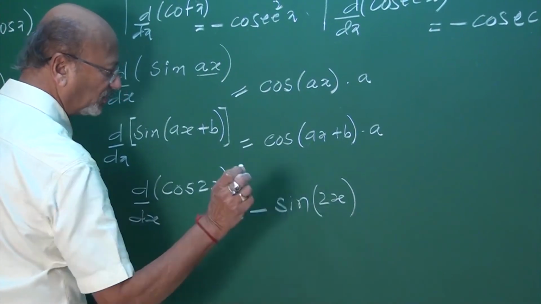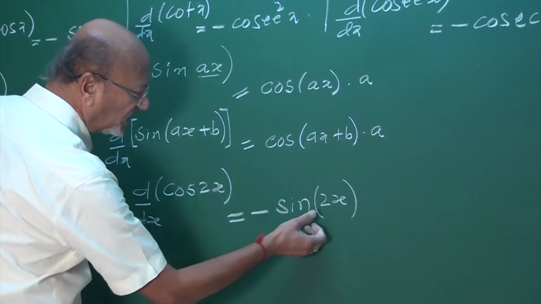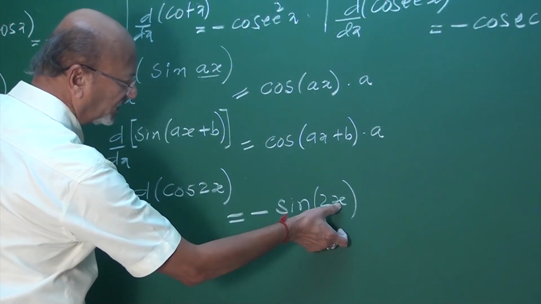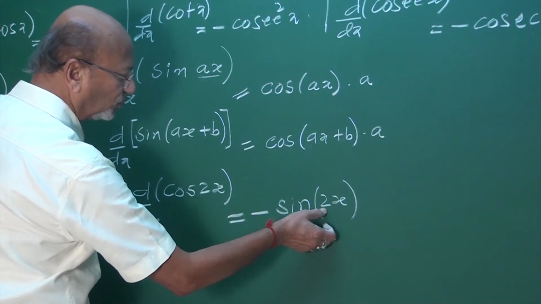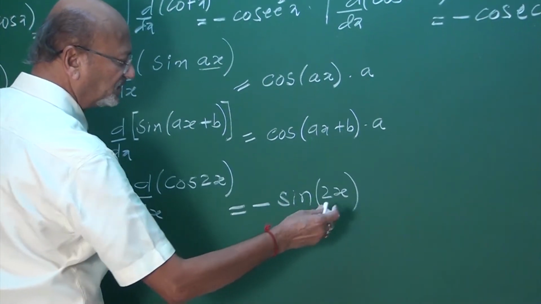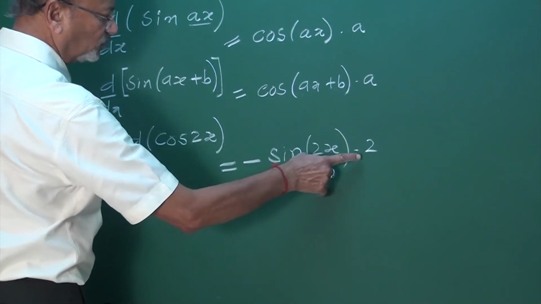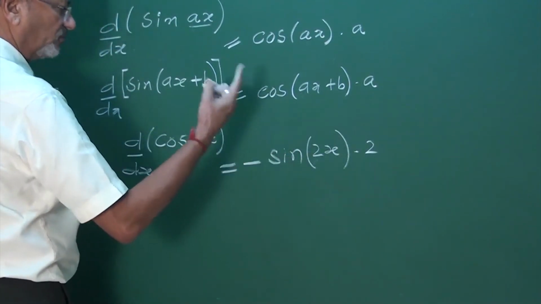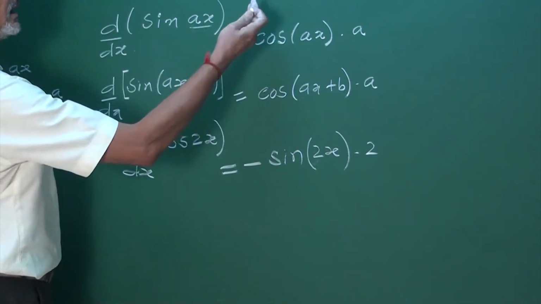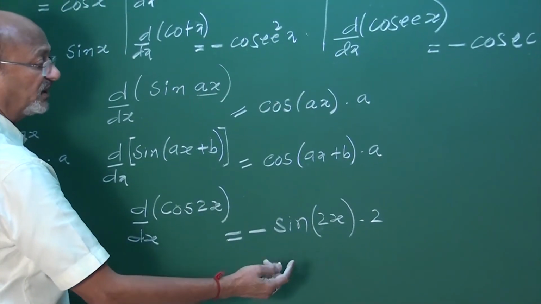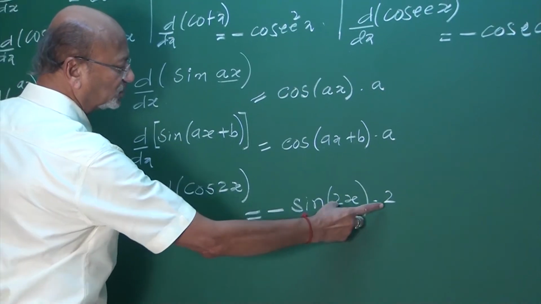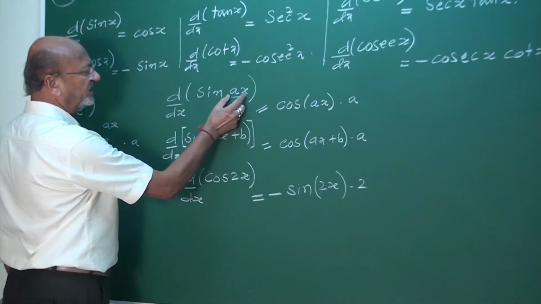After writing this, the question comes: is the angle x? No. Then what is it multiplied by? 2, the coefficient of x. As you know, the derivative of kx is k. What is the derivative of 2x? It is 2.